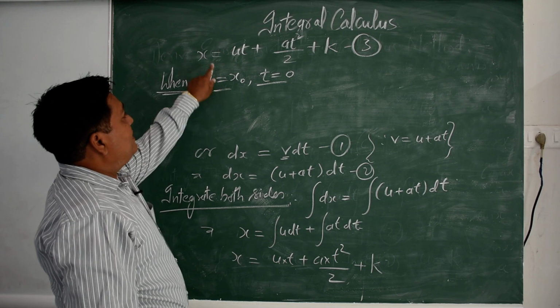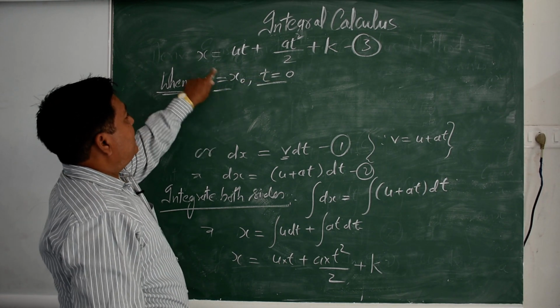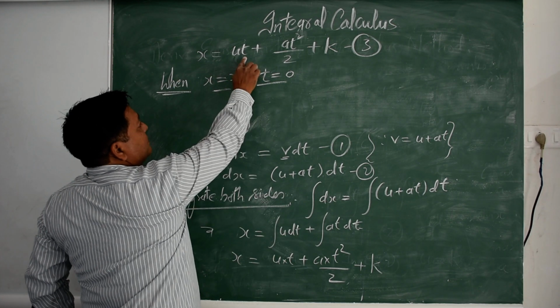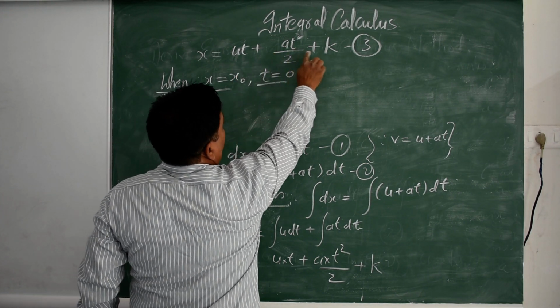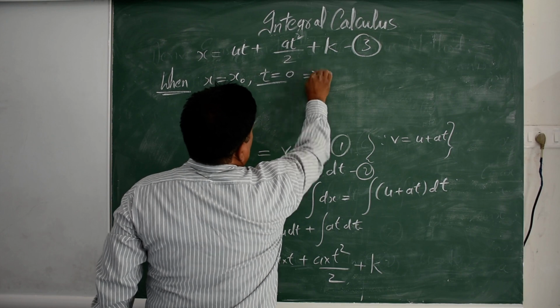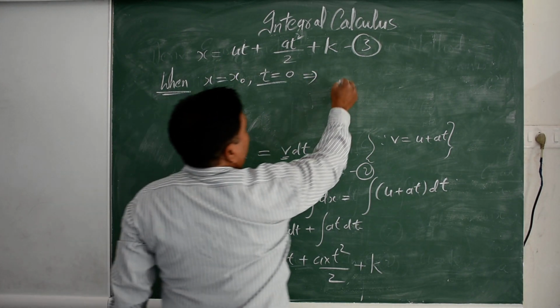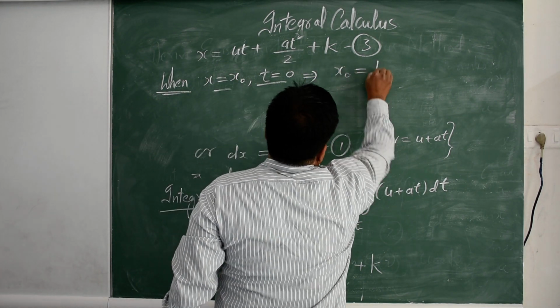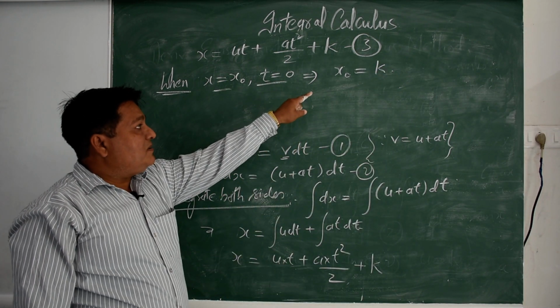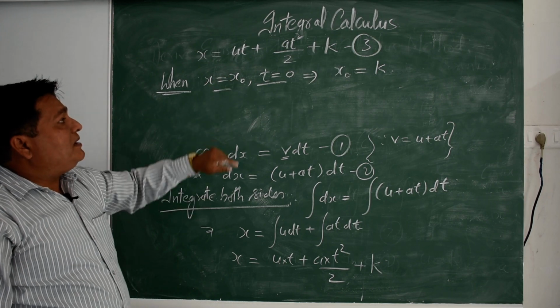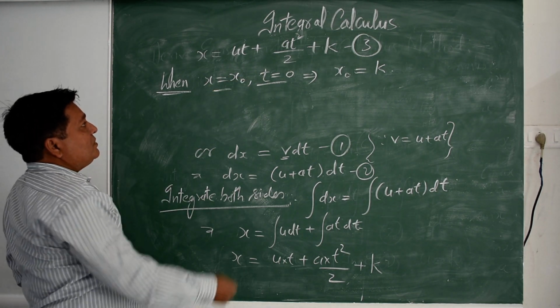So we place these values in equation number 3: x becomes x naught, 0 into u is 0, 0 plus 0 is 0, what is left? k. After applying this condition in equation number 3, x naught is equal to k, so the constant k is equal to x naught. Again we put the value of k in equation number 3.